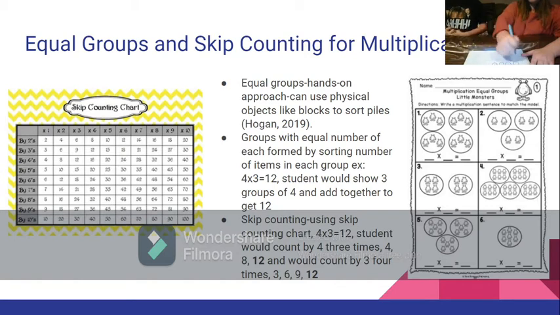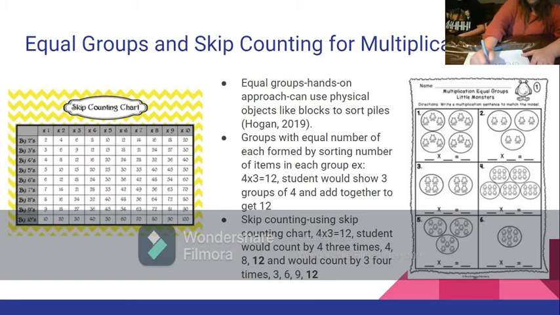This way, the students can count all of the dots to solve the multiplication equation. 1, 2, 3, 4, 5, 6, 7, 8, 9, 10, 11, 12. Now we know 4 times 3 is what?